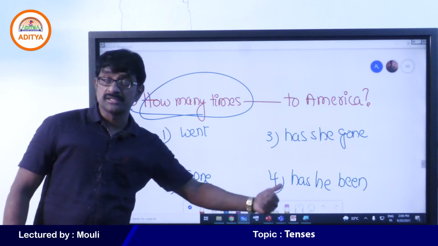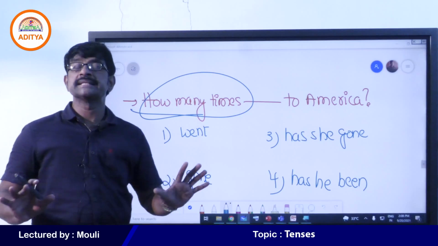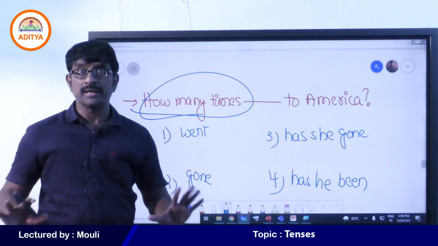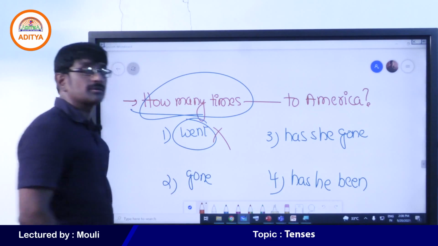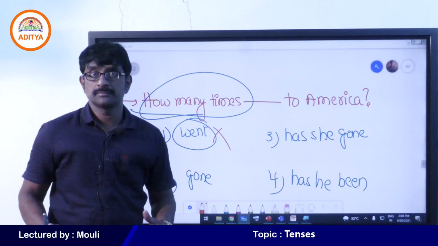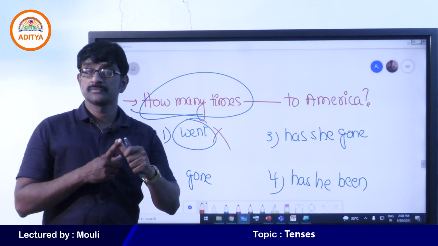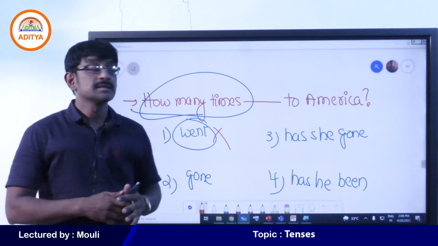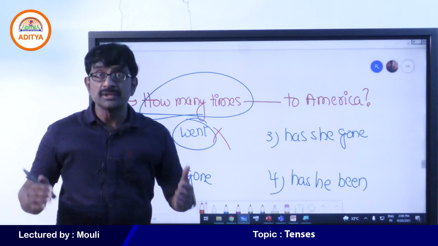Let us look at these four choices. The first one is vague, not good. It is went. Went is not the correct answer because there is no helping verb and there is no subject, only went. How many times went to America? Is there any meaning?